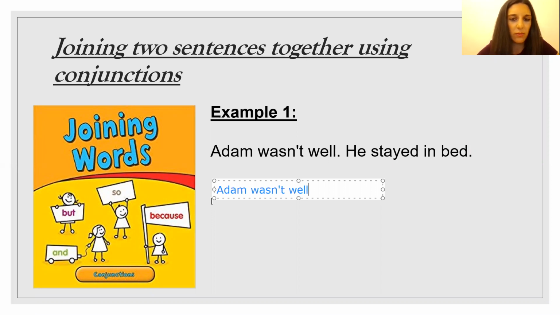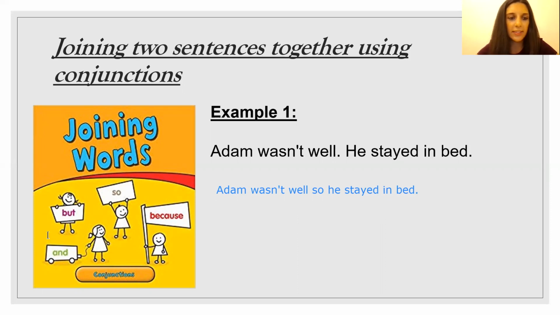The one that I feel suits best is Adam wasn't well, so he stayed in bed. Full stop. Okay, so there is my first sentence using a conjunction. Adam wasn't well, so he stayed in bed.